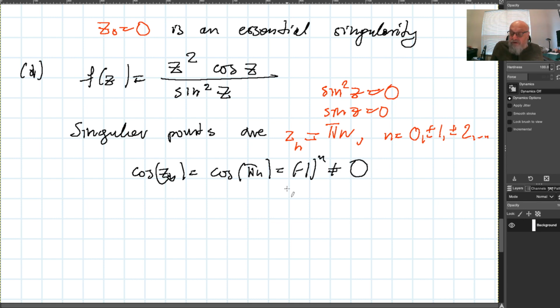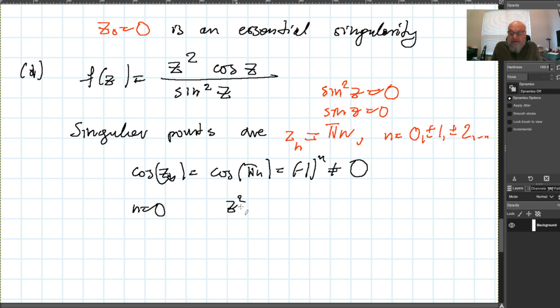This is not equal to 0. This is okay, but z squared, for n equal to 0, gives you another 0, so this case should be treated separately.